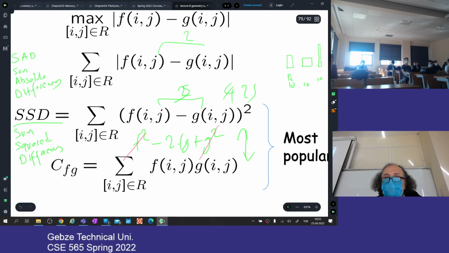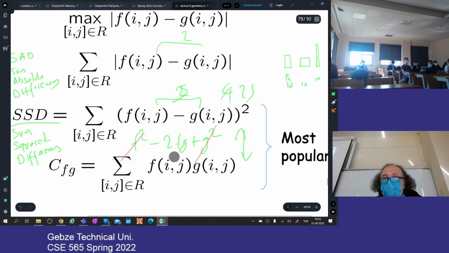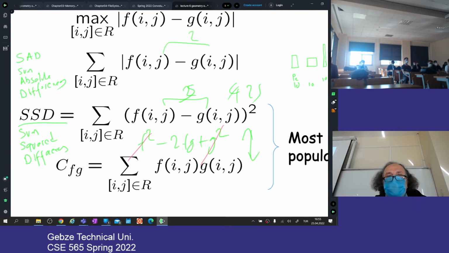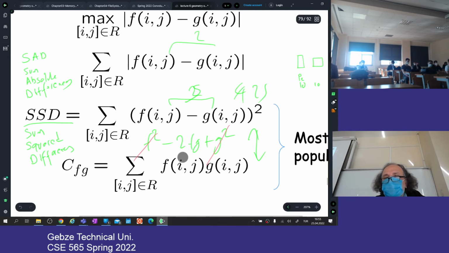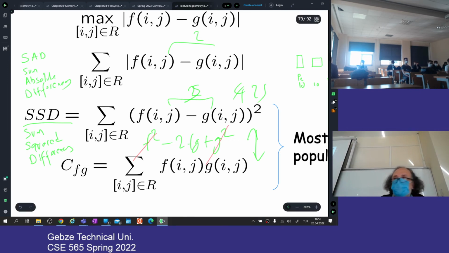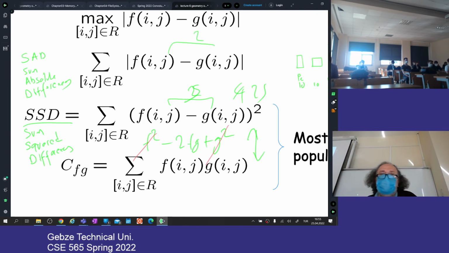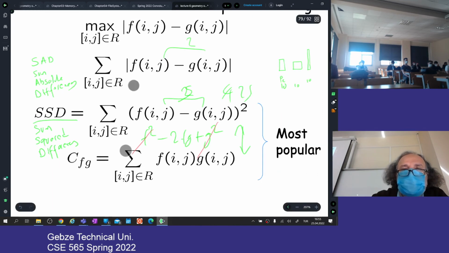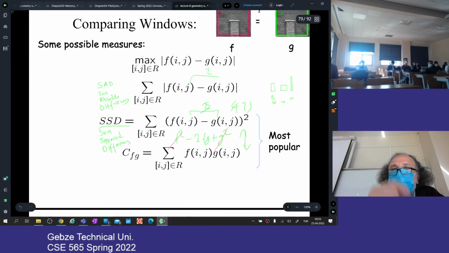All I have is minus 2fg, f times g. So minimizing this one means maximizing this, so fg has to be as large as possible. So that's what it says actually. I mean, these two are kind of the same thing. So cross correlation and SSD are two popular comparison methods.